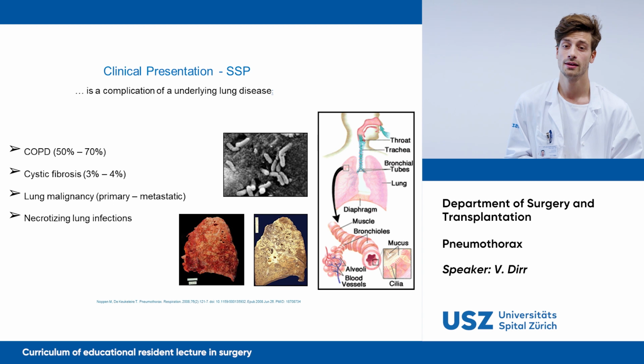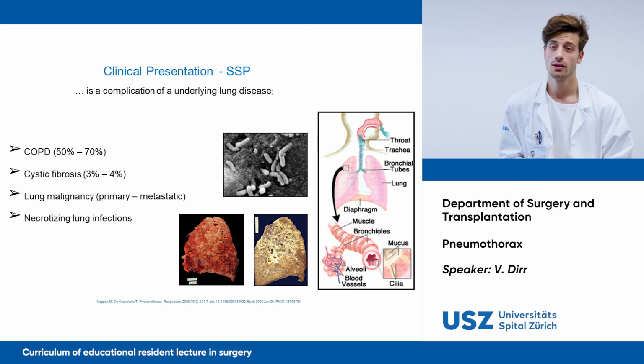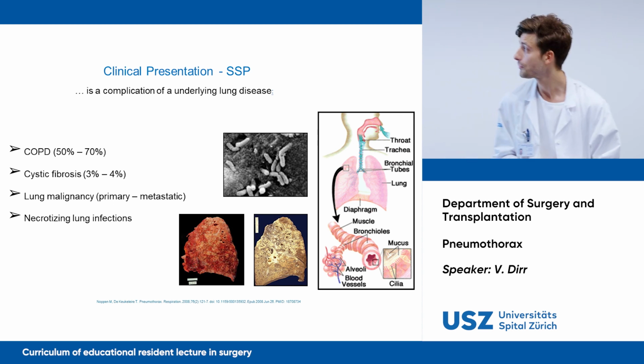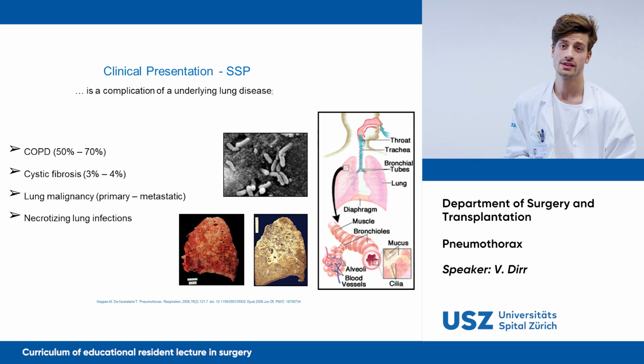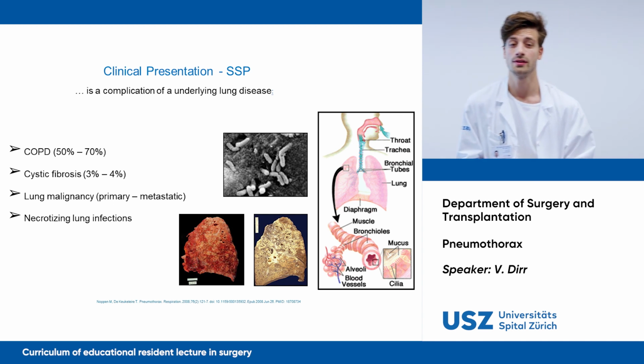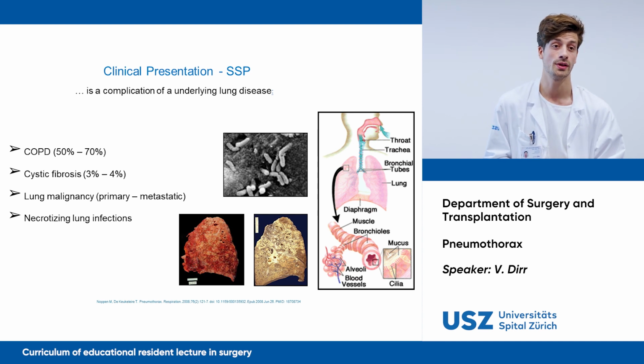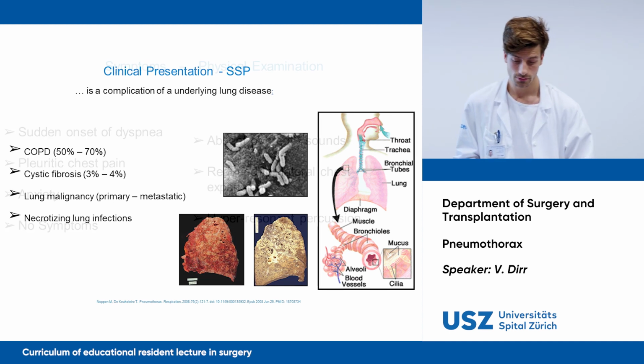Bear in mind that when the patient survives the 18th year, the incidence increases to 80 to 20% over their lifespan. Lung malignancy is more often seen in primary lung cancer than in metastatic cases. And necrotizing lung infections are, for example, bacterial pneumonia, tuberculosis, or a SARS-CoV infection.